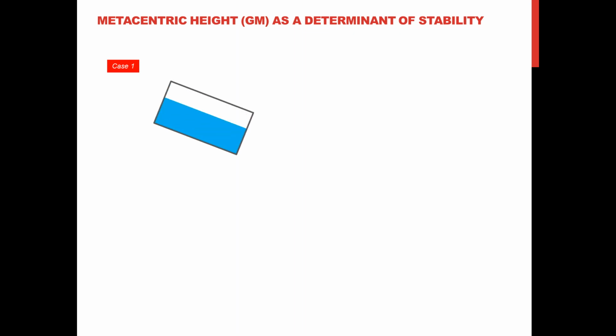Case 1. Let us have here an object tilted with G, of course. On G we have W. In here we have the shifted center of buoyancy moving sidewards. Okay. Now this will be the final location of the buoyant force when tilted.